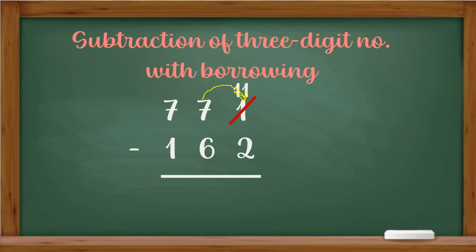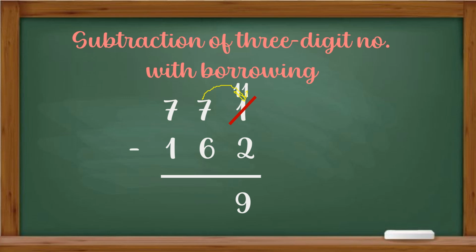So it will be 11 minus 2, which is 9. As I said, there will be a change in 7. Since we have borrowed from 7, we need to subtract 1 from it. So 7 minus 1 is equals to 6.